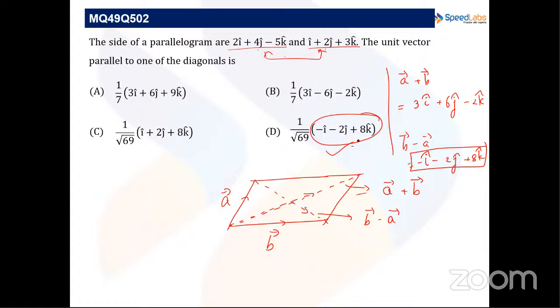Okay, you need to find the unit vector, so you have to divide it by the magnitude value. And the first one, 3 plus 6 minus 2, I feel this is some misprinting in here. Otherwise, this would have given us option B, or no other option is matching.